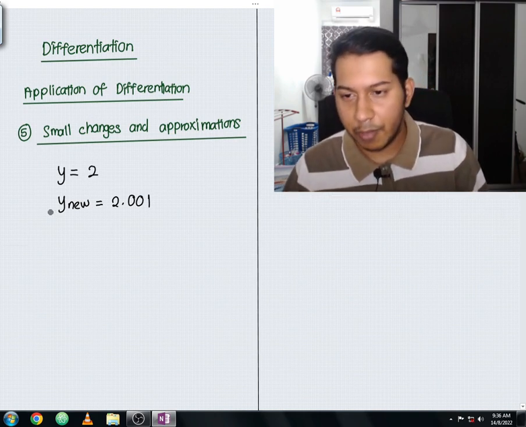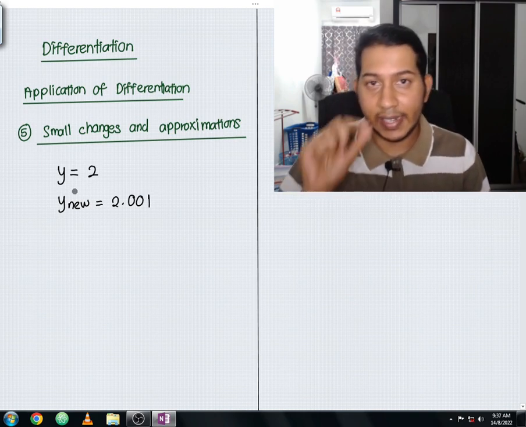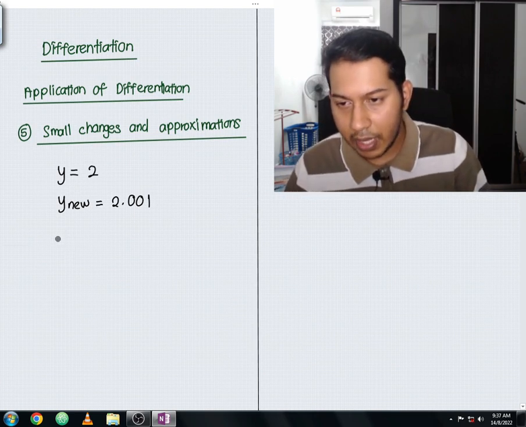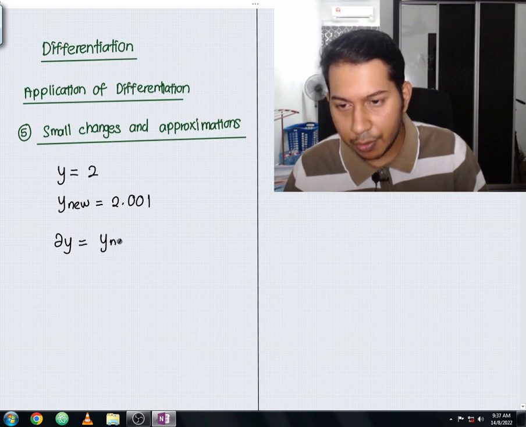Since we are finding the change in y, it will be delta y equals y new minus y.